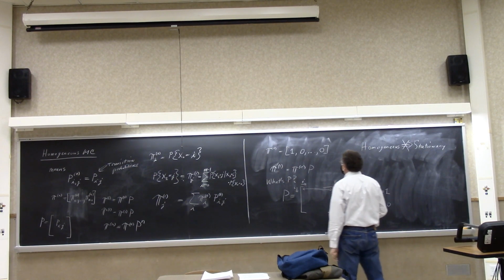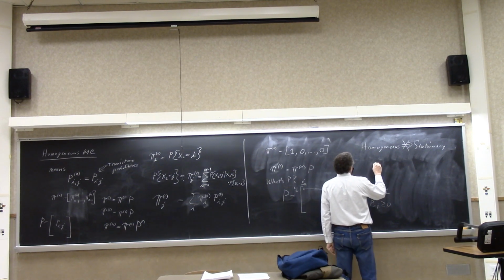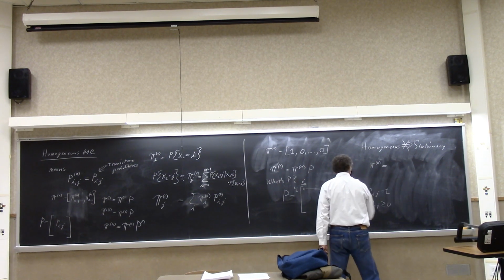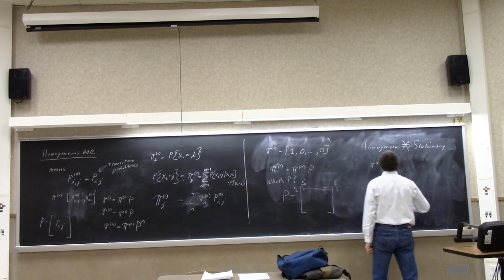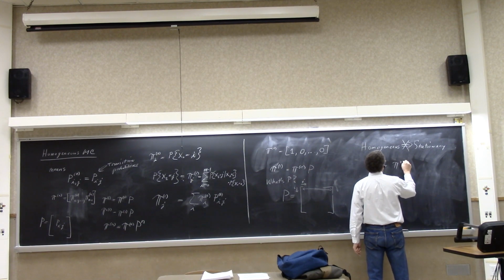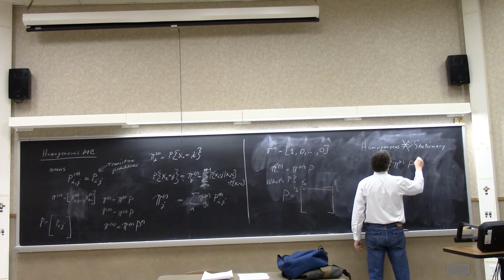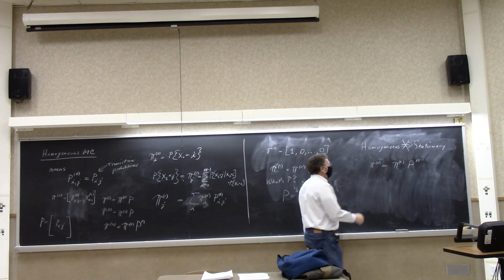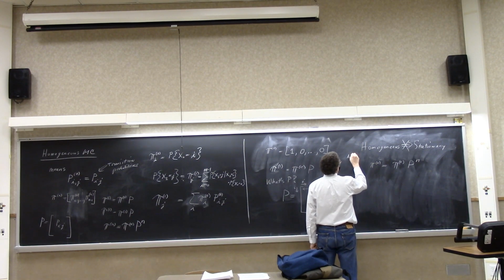The point is this. You have pi n is equal to pi 0 times p to the n, right? This is the distribution at time n.